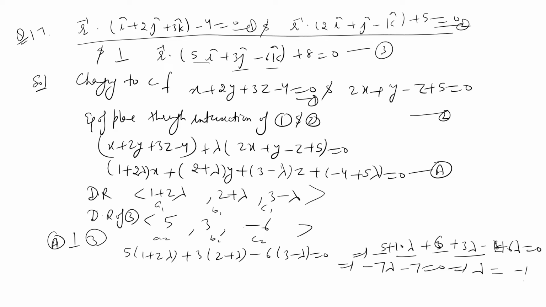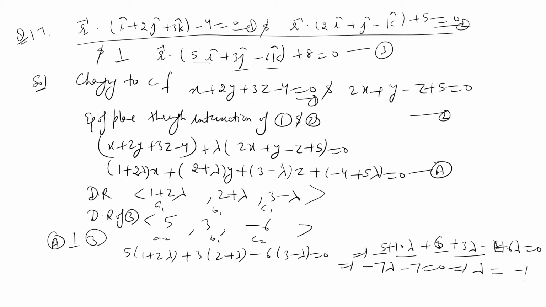Let me check it once again, because if it is wrong then the question is going to be wrong. So 5 plus 10 lambda, 6 plus 3 lambda, minus 18 plus 6 lambda.